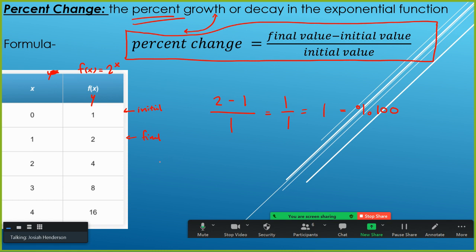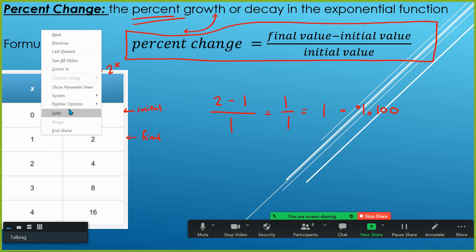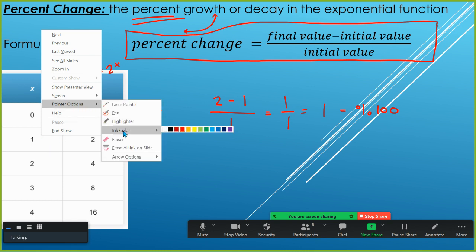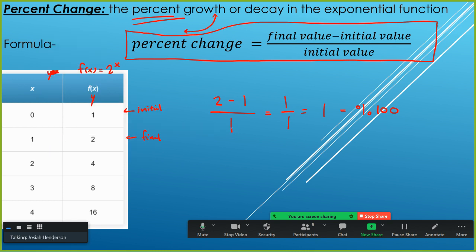Let's do another one, and we'll probably see it come out as a decimal. Let's go from 2 to 4. I'm going to change the color to kind of differentiate. So now I'm going to make 2 my initial for my second example, and 4 will be my final.